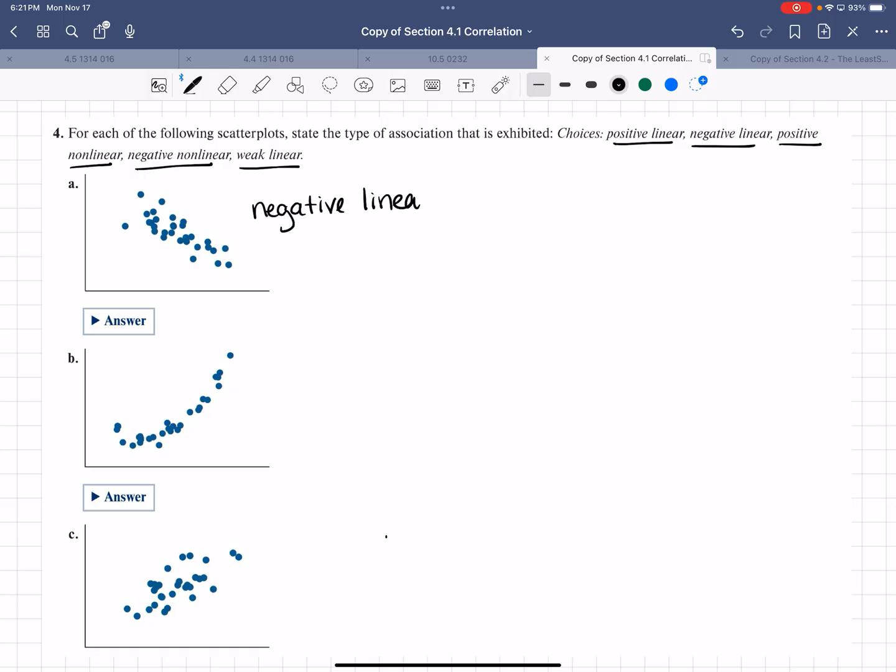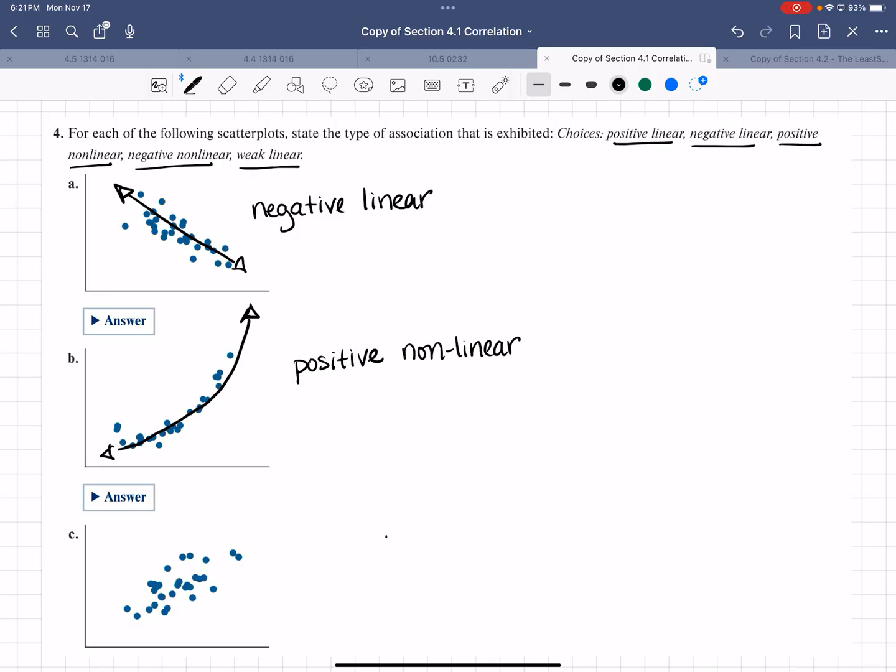We can draw a straight line in between there, and it is falling, so it is negative linear. How about B? It is positive. Is it going to be linear? Nope, it makes a curve. Something is growing what we call exponentially there. That's exponential growth. It's positive nonlinear.